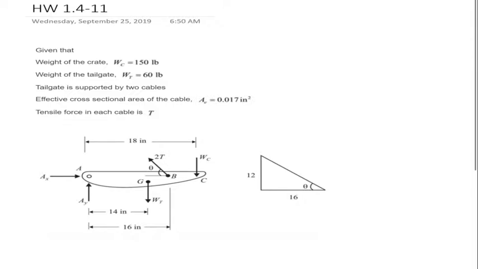Now, because there's two cables, we put this tensile force as 2T in this graph. The weight of the tailgate is going to be 60, because what we're doing is kind of like a side view of the 3D diagram.